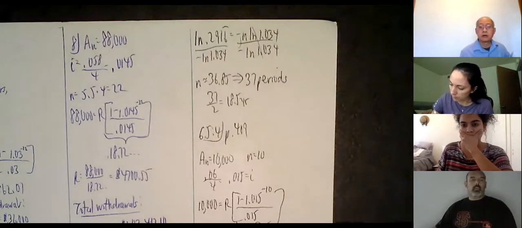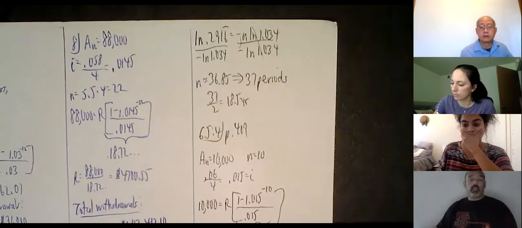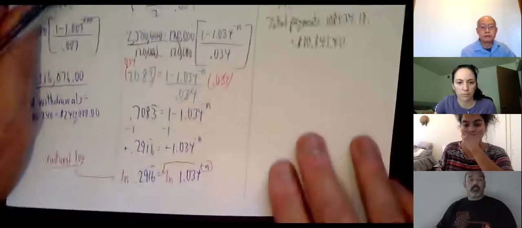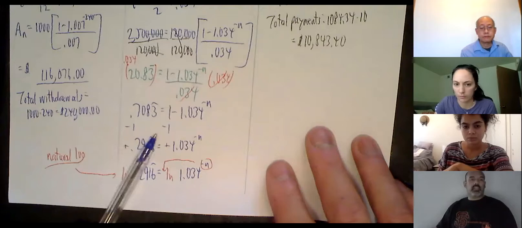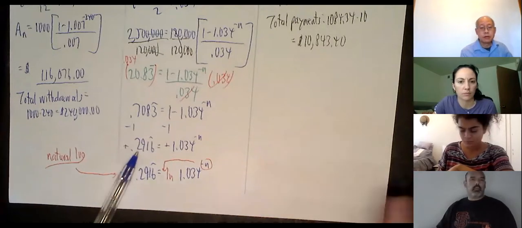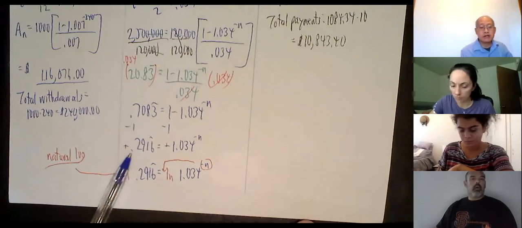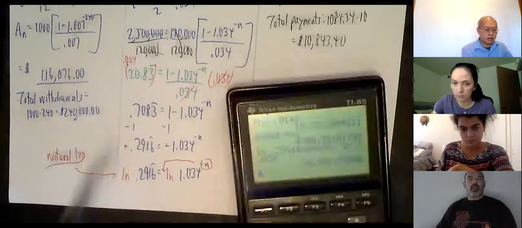Professor, can you show where, after you subtracted 1 from both sides, where it says 0.7083, you got the negative 1 underneath? How'd you get that? So you subtract: 0.7083 repeating minus 1 is negative 0.2916. Okay.